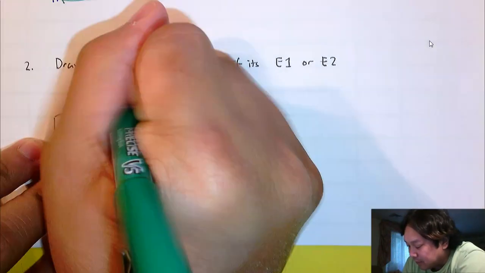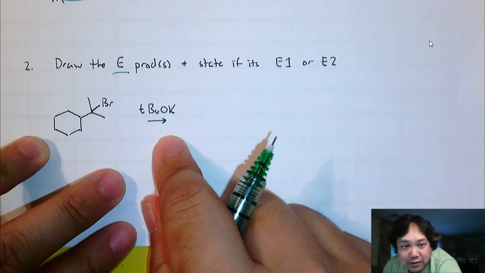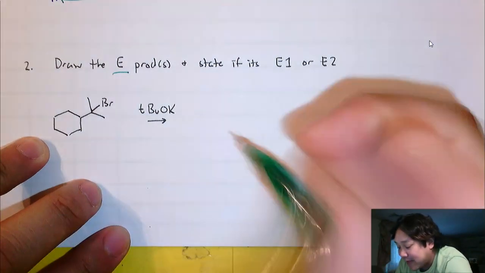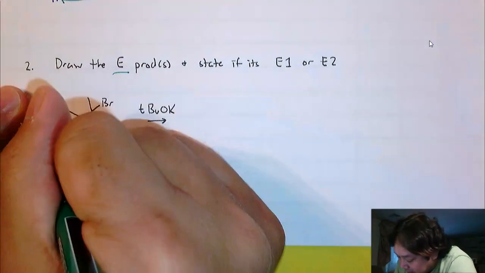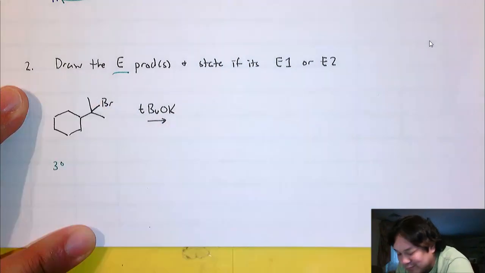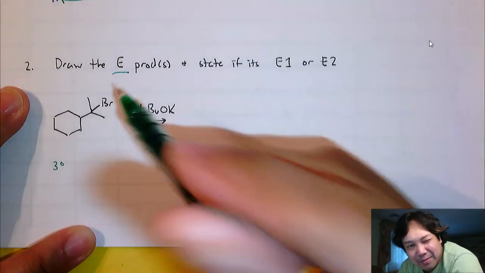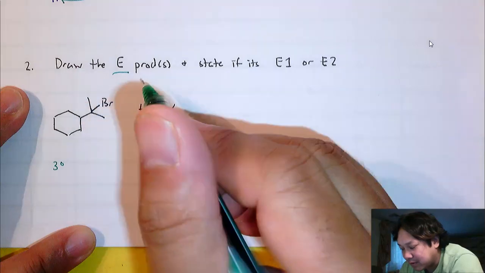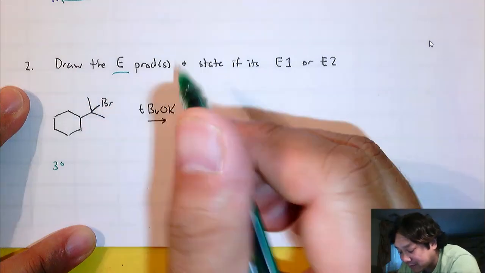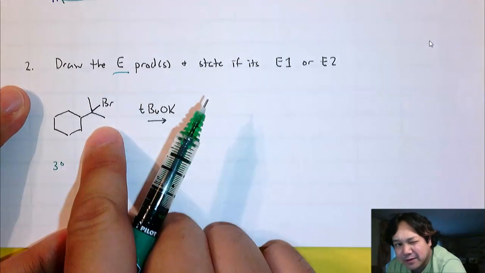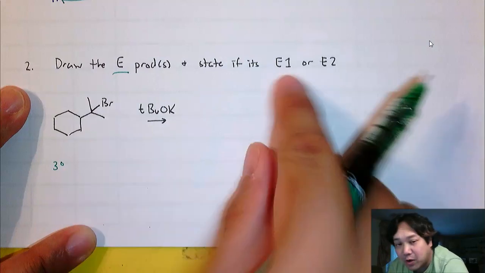I am giving you the clue that we want to do elimination. In terms of my analysis, this alkyl halide is tertiary. So it can make a pretty stable carbocation. So that maybe points us to E1.